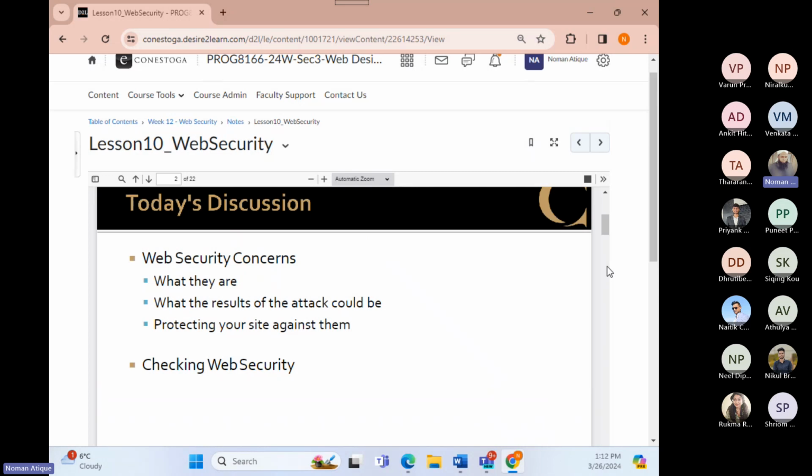These attacks can harm businesses big time. You might have heard that a lot of websites were compromised and had a lot of problems in recent times.